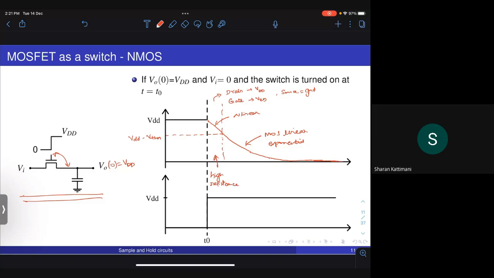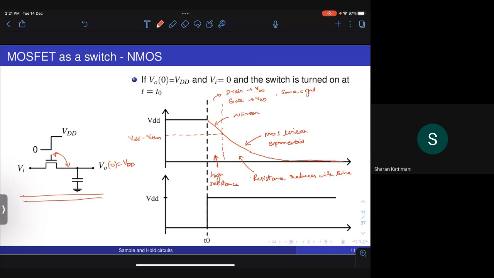Since the transistor is in saturation, in this region, as you go, the resistance reduces with time. As the drain voltage falls to lower and lower values, the resistance keeps dropping to smaller and smaller values.